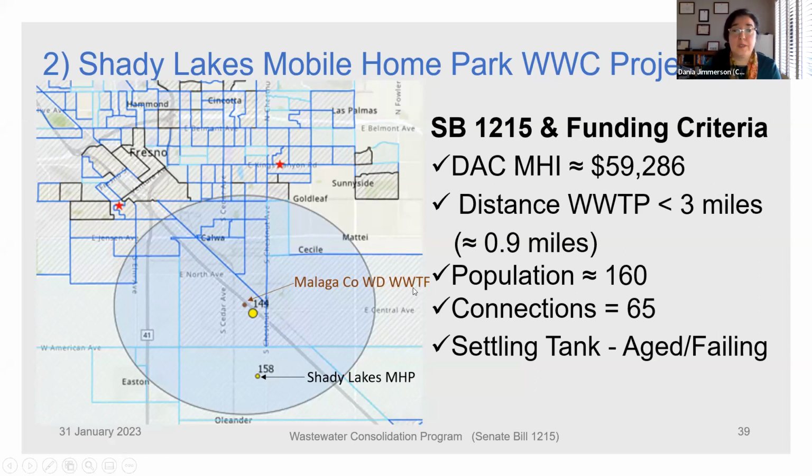District's wastewater system. And they are located less than a mile away from the community. And they meet all the requirements for Senate Bill 1215 and the funding criteria in terms of very small population, the number of connections, and of course, an inadequate on-site sewage treatment system that is very aged and needs to be replaced, as you saw in the previous pictures.